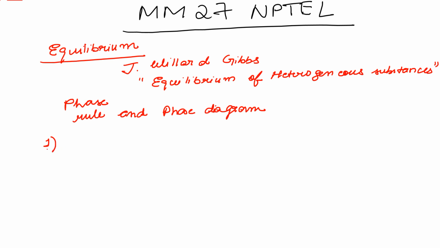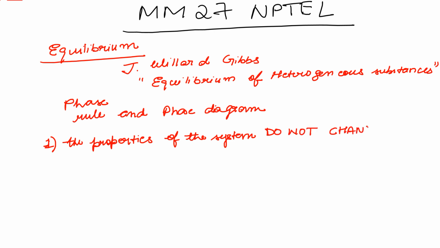The criteria mentioned to identify if the system is in equilibrium are that the properties of the system do not change with the passage of time.